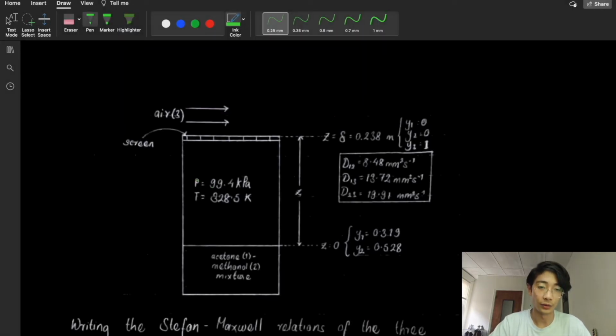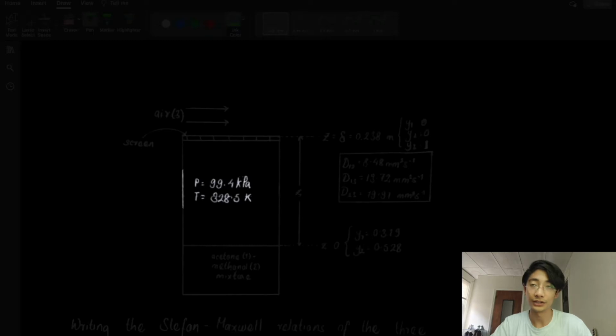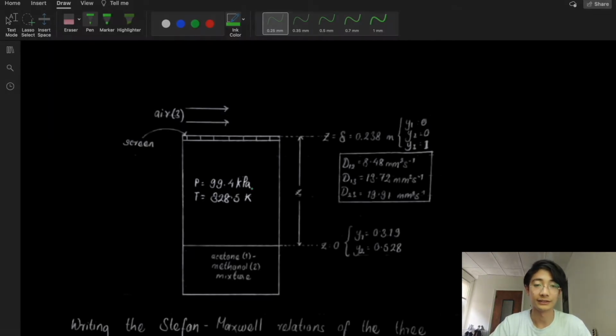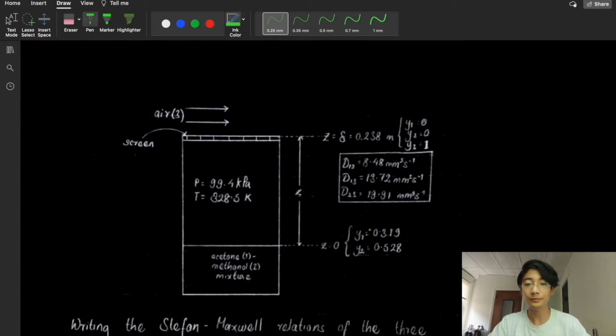And we also know that the pressure inside the Stefan tube is 99.4 kilopascals and the temperature is 328.5 kelvins, and they're both constant inside the Stefan tube.